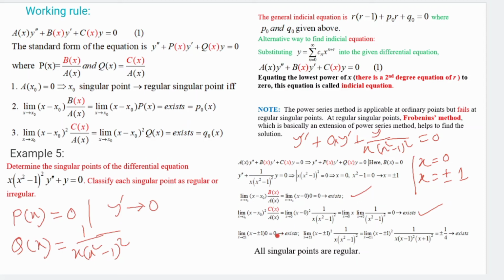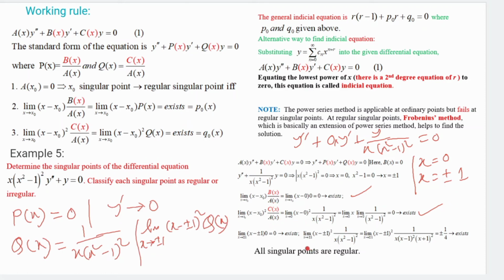Now we find the limit for x equals plus minus 1. For x equals plus minus 1, p of x is already 0, so everything will be 0. We have to check only for q. So we find the limit as x goes to plus minus 1 of (x minus plus minus 1)² q(x).